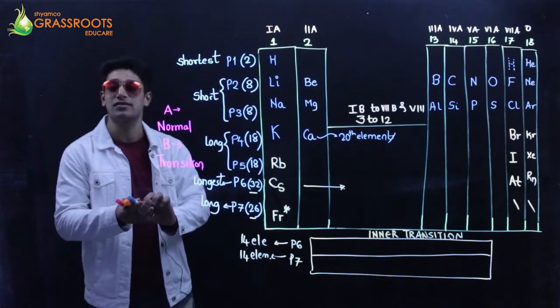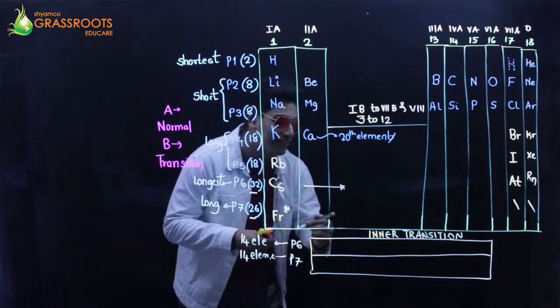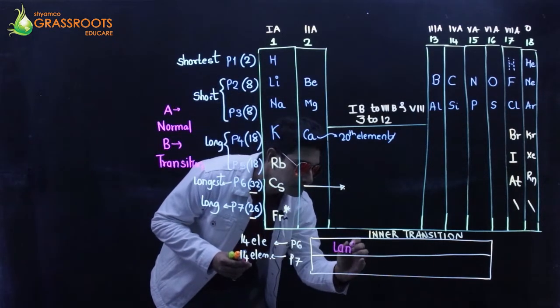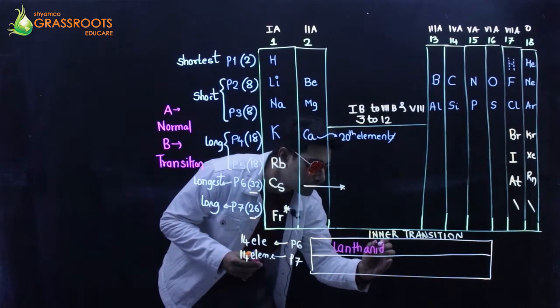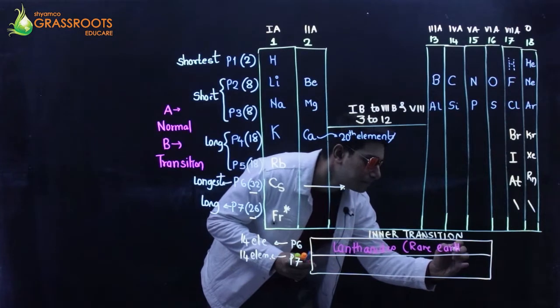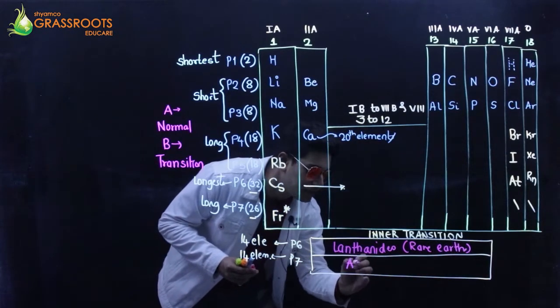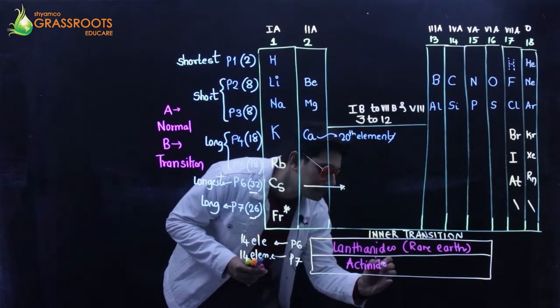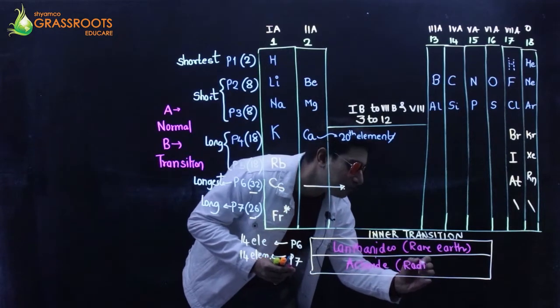And they consist of lanthanides, which are also called rare earths. And we call period 7 actinides, also called radioactive elements.